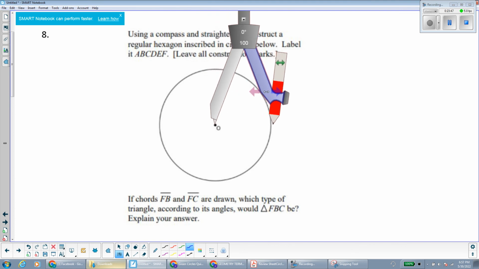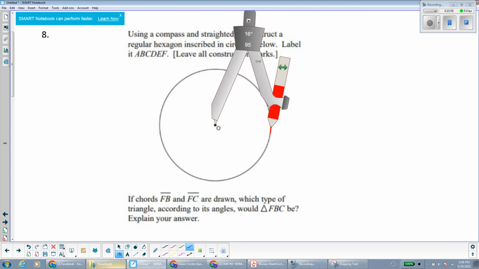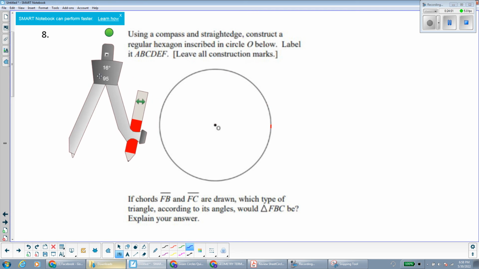It doesn't add anything if you do more work than you have to. So what I'm going to do is I'm just going to open up and make a little arc here to get me started as best as I can. I hate using the compass on the computer. I think it's awful. Actually, what I should do, let me try that again. I'm going to draw a radius.